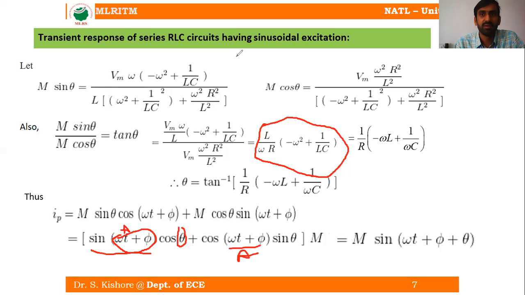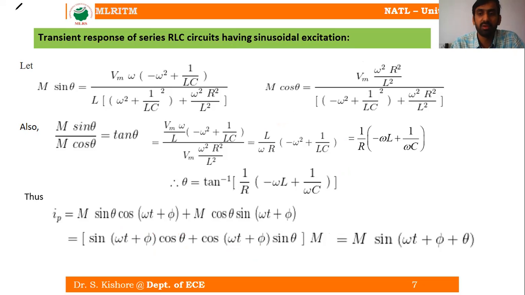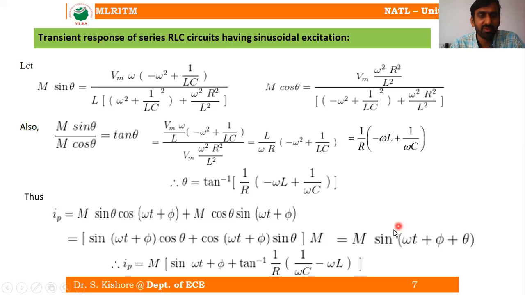Theta. So this is what I am simplifying here. So here you got it, a much simpler function, that is m sin(omega t plus phi plus theta). So from this we can also write the value of m, for much simpler form. So you can simplify this one, right?